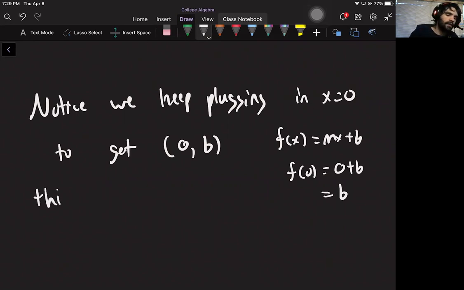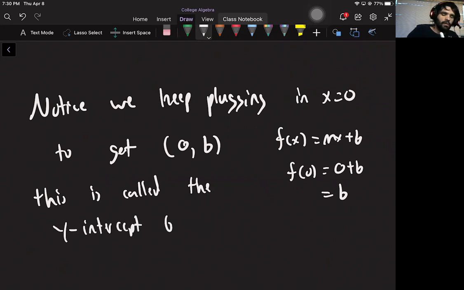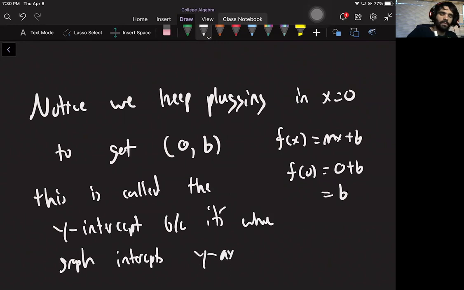And this has a fancy name. This is called the y-intercept, because it's where the graph intercepts the y-axis. So the name sort of makes sense there.